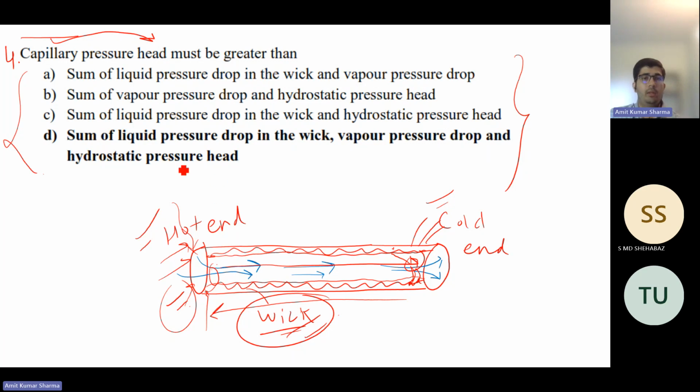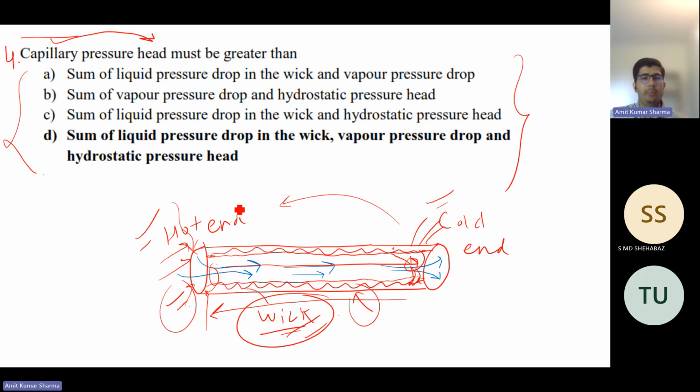Now if the capillary pressure head is not enough, then what will happen? Then the wick will not be able to transfer the complete liquid droplets to the hot end, and the performance will drop.